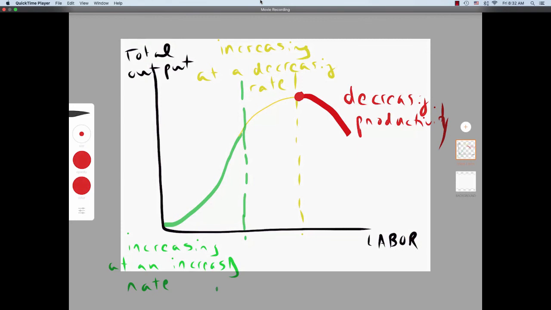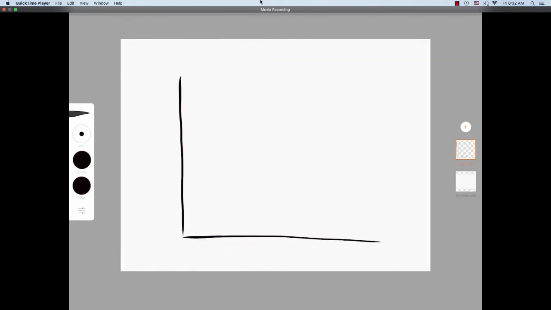If we wanted to actually graph out marginal productivity, it would look something like this. So here we have the number of workers. So again, this is labor down here. And then we're going to put marginal productivity of those workers along the vertical axis.